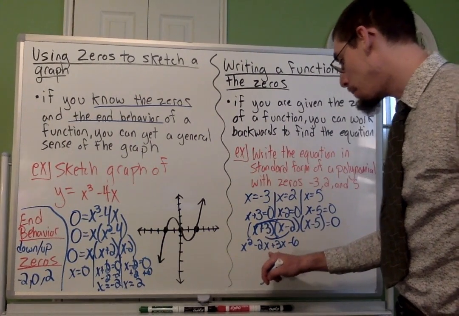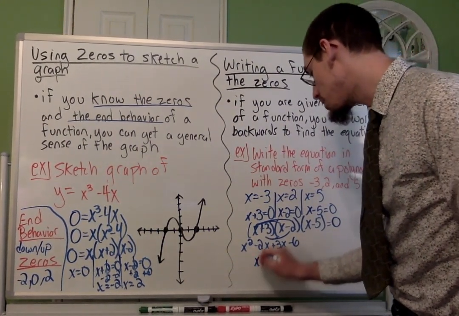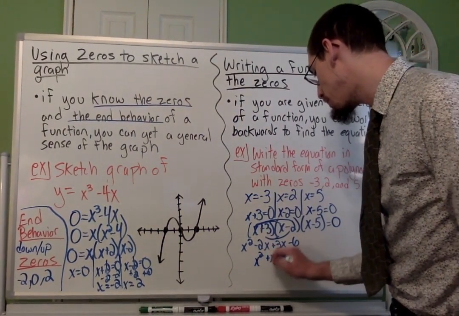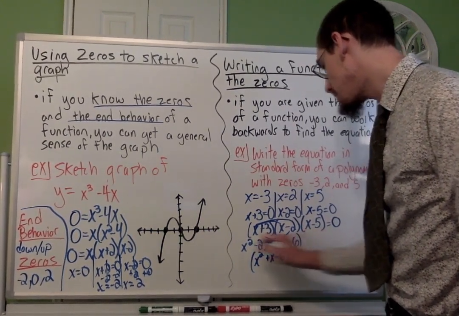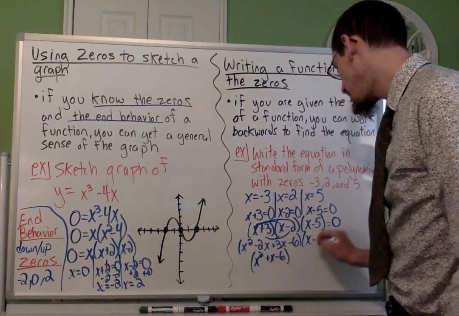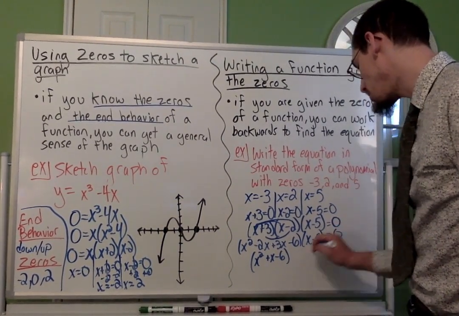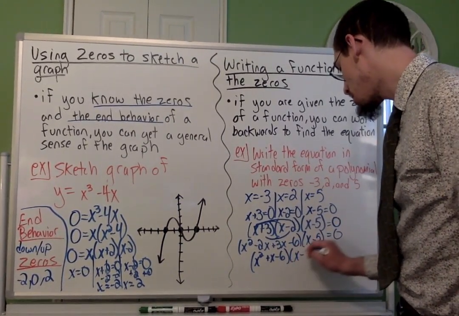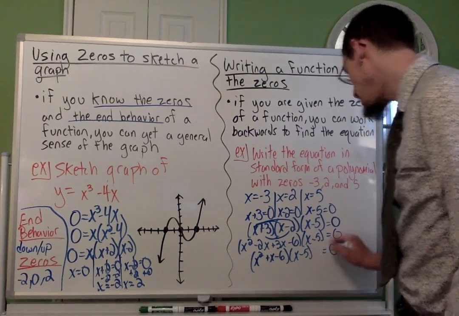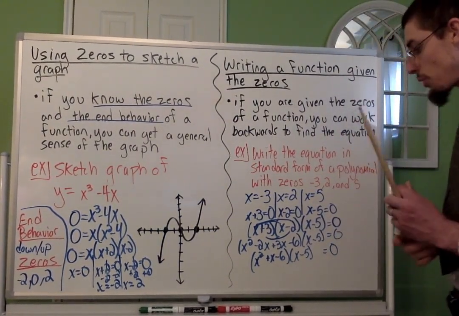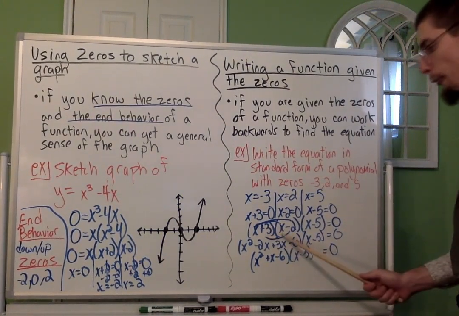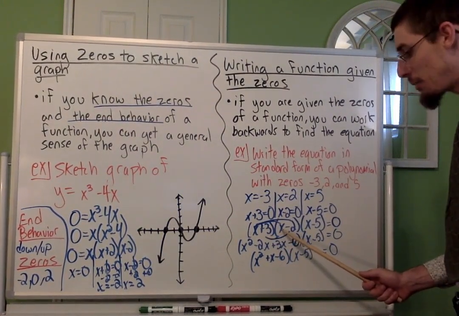And I can combine like terms to get x squared plus x minus 6. And I still have the x minus 5 equals 0. See that? So all I did was kind of FOIL out the x plus 3 and the x minus 2.